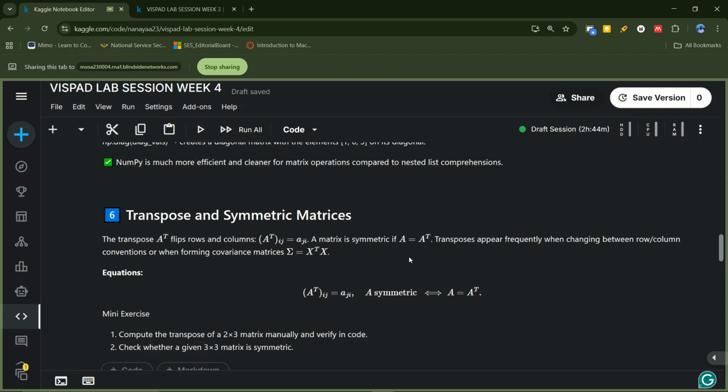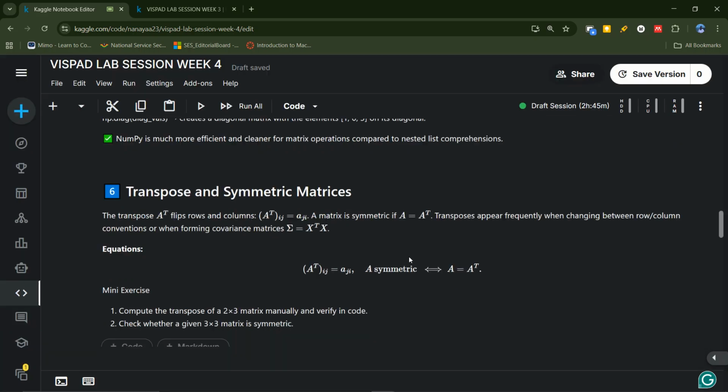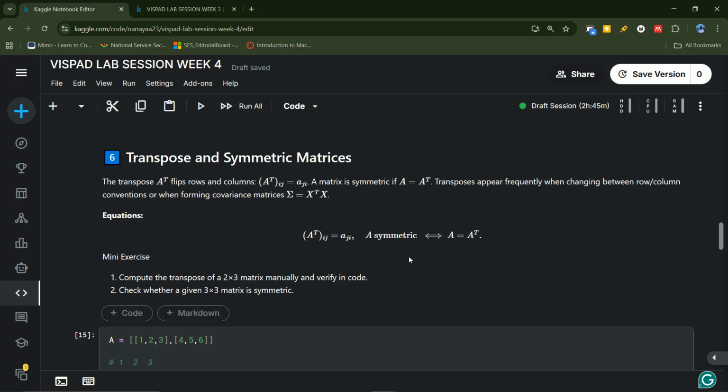Great. And then we have something we call a symmetric matrix. We are saying a matrix is symmetric if A is equal to its transpose. You have a matrix A, it has rows, it has columns, and if you swap its rows and its columns, so the row which used to be horizontal now becomes vertical.